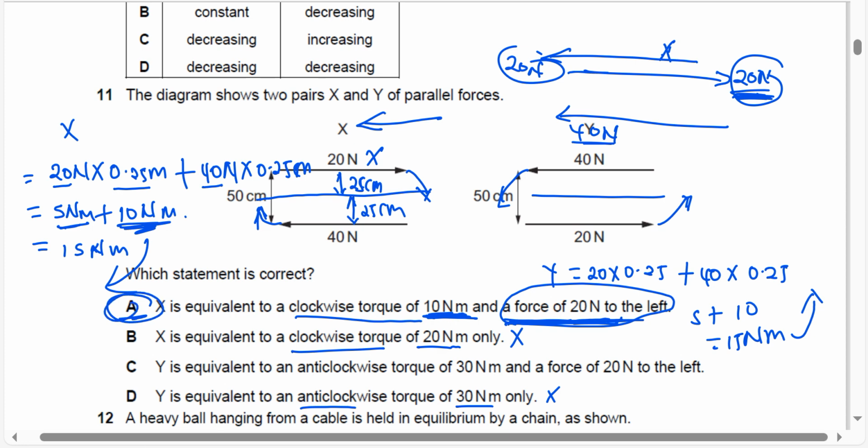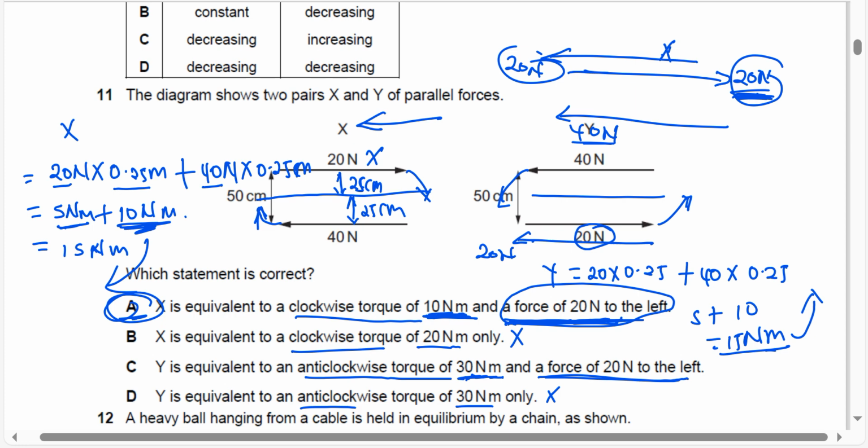If I check Y, Y is equivalent to an anticlockwise torque of 30 Newton meters. It can't be 30, it is supposed to be 15, but let's check the effect of 20 newtons to the left. If I have 20 newtons to the left, it would just cancel out the effect of the 20 newtons to the right.